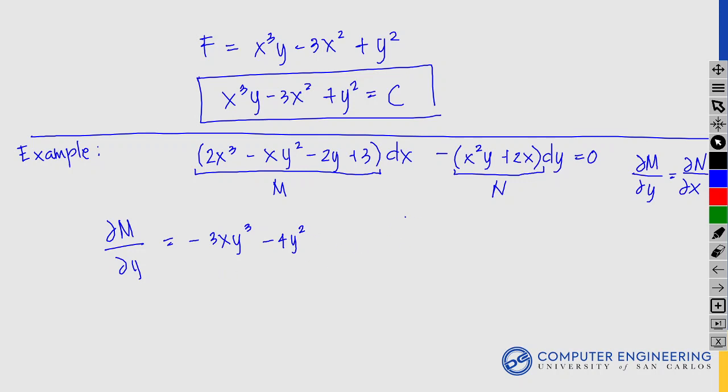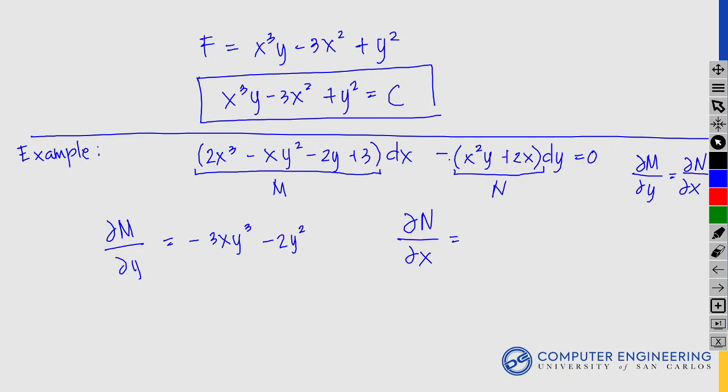That's for the partial derivative of M. Next is the partial derivative of N with respect to x. So y is a constant.